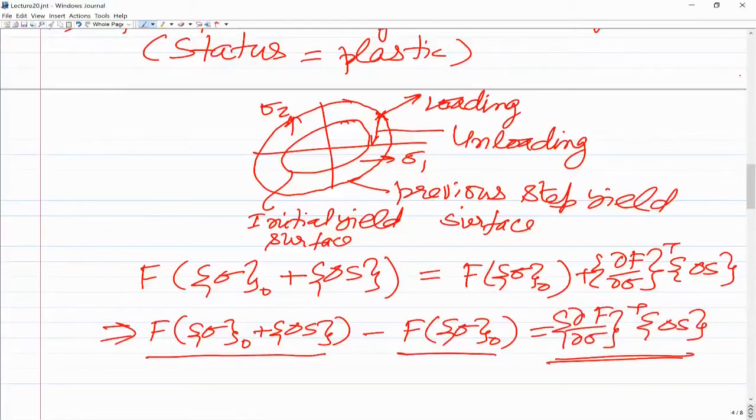So if this is greater than 0, that means f at the new trial stress is greater than f at the previous step, so it is actually loading. And if this is less than 0, then it is unloading. So we can just check del f by del sigma.